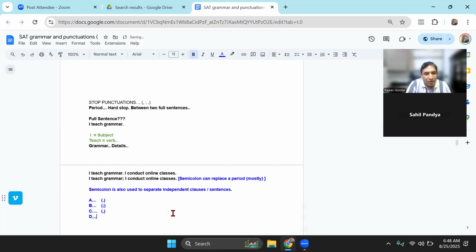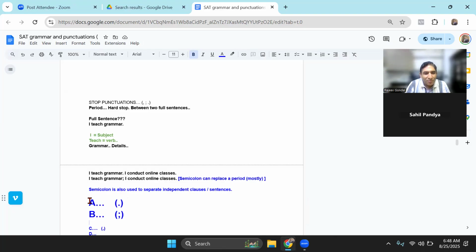Which two options can you straight away cancel, saying that those two options are incorrect? A and B. Why A and B? Because they can be used interchangeably.